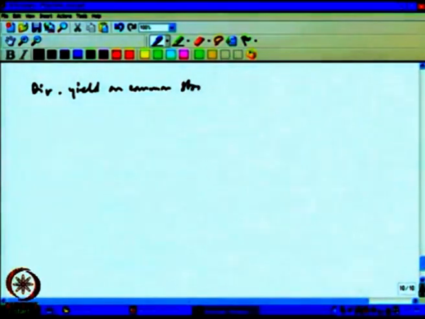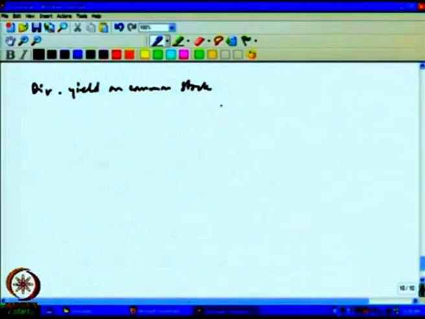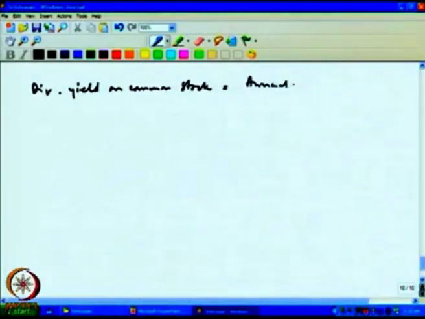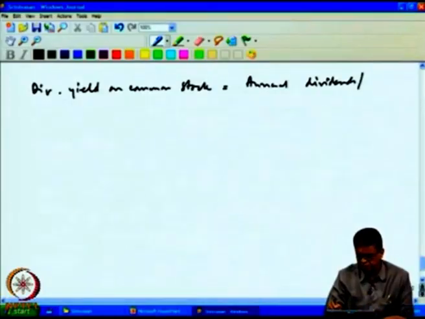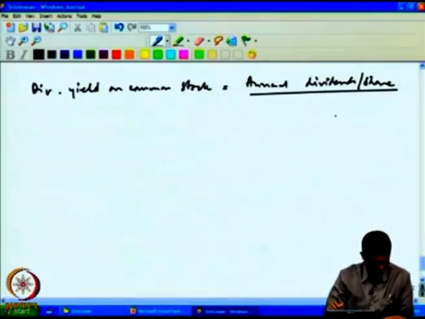The formula or the calculating method could be the annual dividends per share divided by the current market price per share.